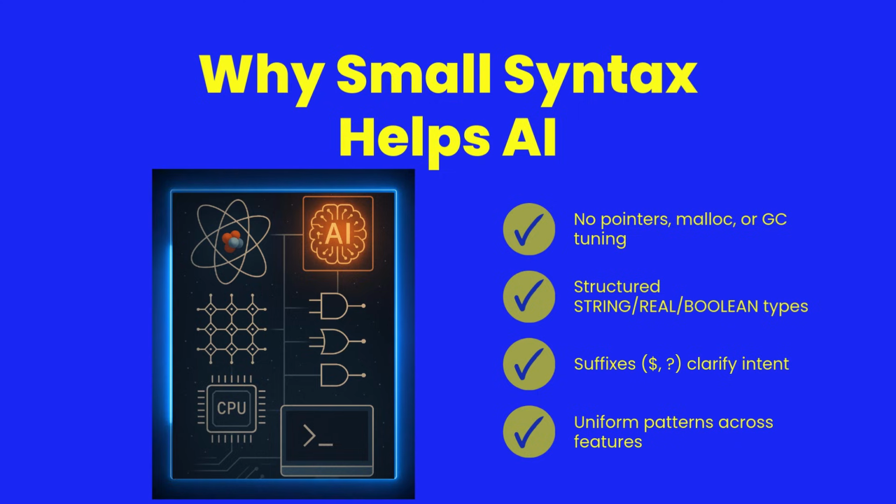Visual suffixes, dollar signs for strings and question marks for booleans, clarify intent directly in the code. Finally, consistent patterns across features mean that once an AI learns one construct, it can reliably generate others. The result is fewer syntax errors, clearer intent, and faster iteration.